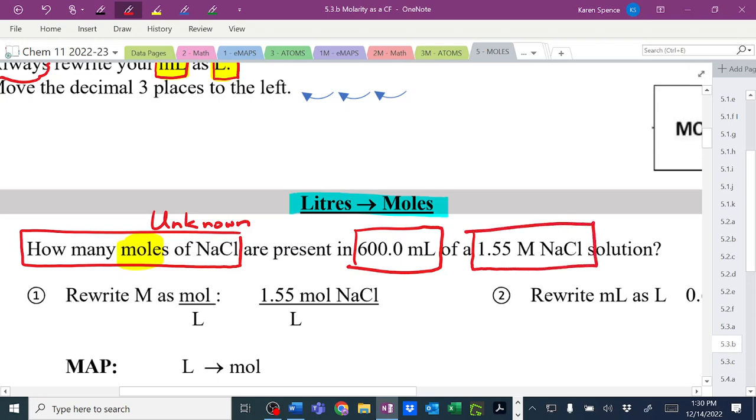Now remember, you are going to rewrite this as 1.55 what? Moles over liters. And that is your conversion factor.